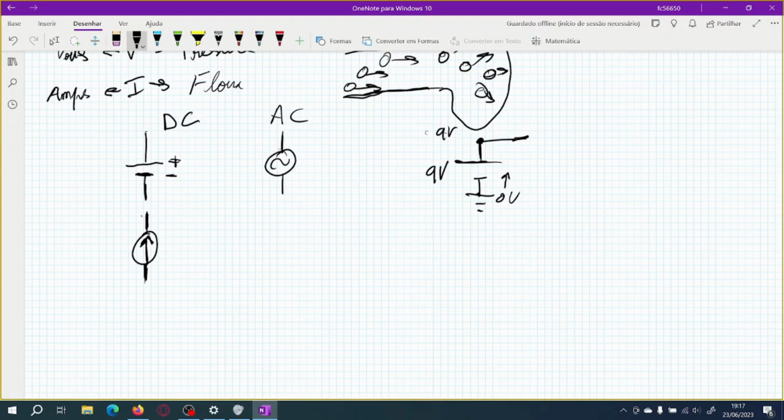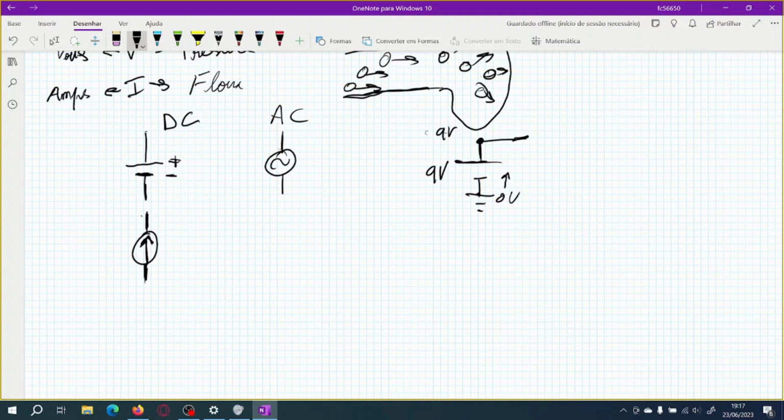Basically, these are the more common sources. We also have a thing called dependent sources. So what is a dependent source? It's a source that depends on the characteristics of other components of the circuit, or even some characteristics of the external world.